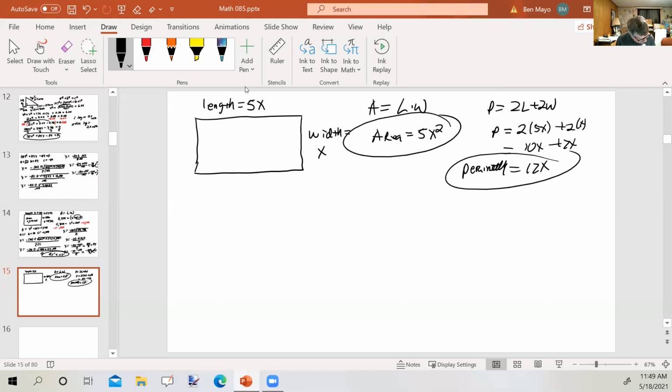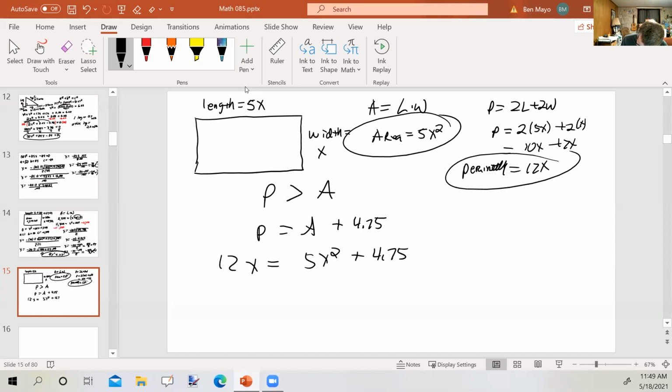All right, now, when measured in miles, its perimeter exceeds the area. So the perimeter is larger than the area numerically. By how much? 4.75. So the perimeter would be the area plus 4.75. So our equation becomes 12x equals 5x squared plus 4.75. Because if the perimeter is a larger number than the area by 4.75, by adding 4.75 to the area, they now become equal.